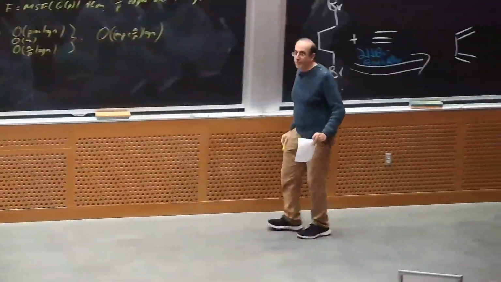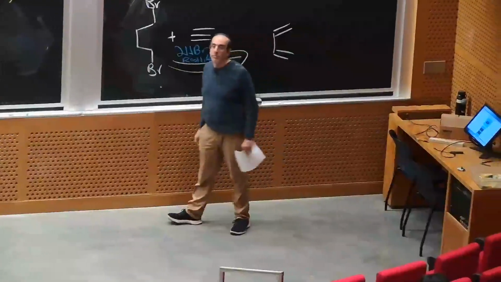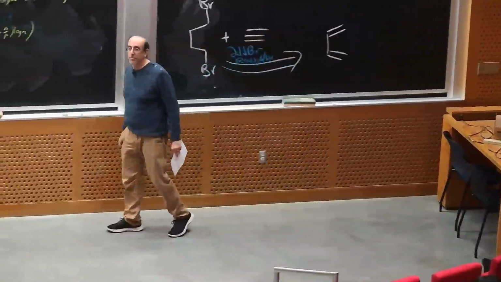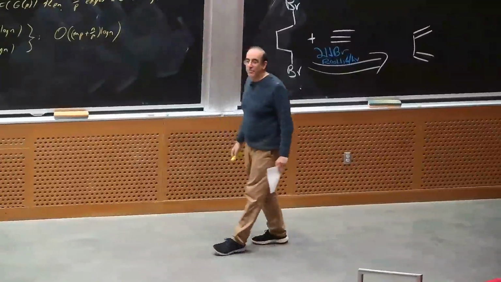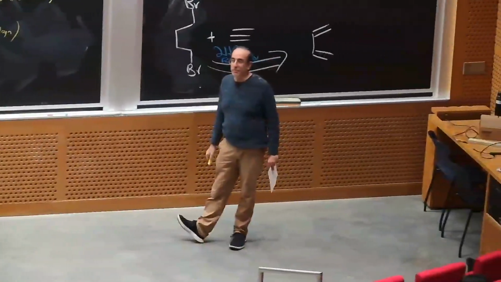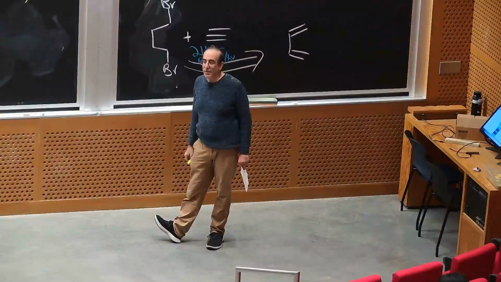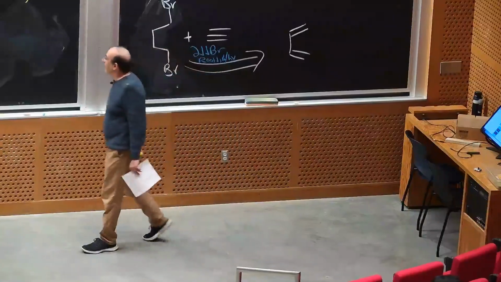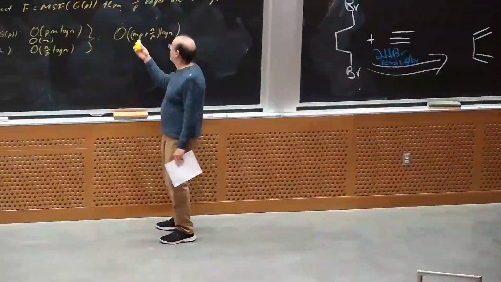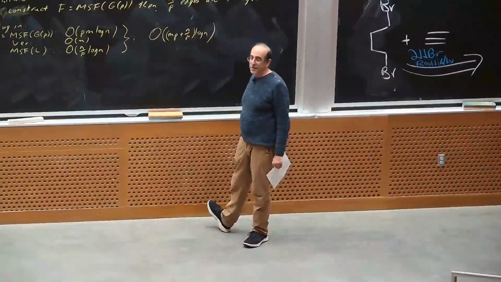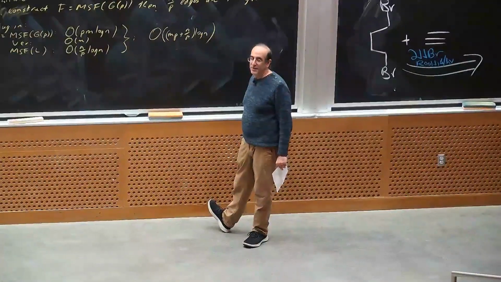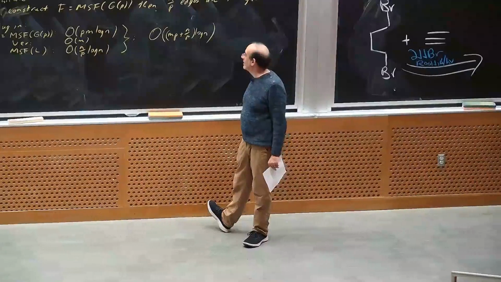So what should I do? You want to set mp and n over p equal? Exactly, right? So p is going to be something like root of n over m. Exactly, right?